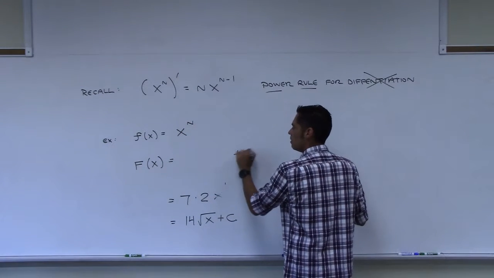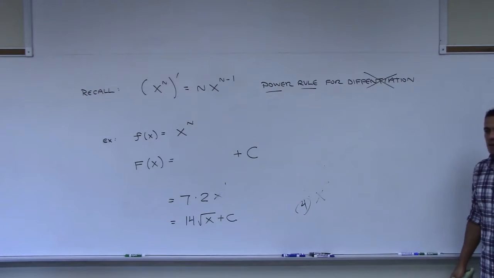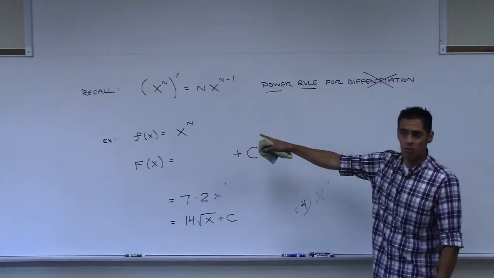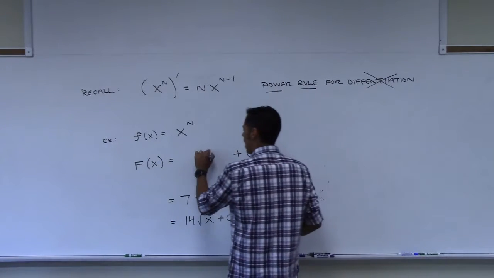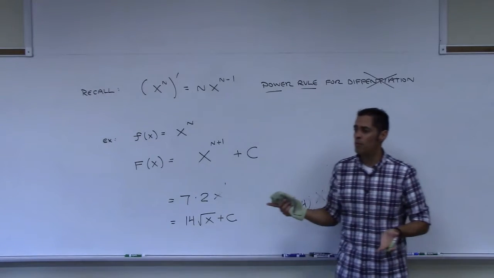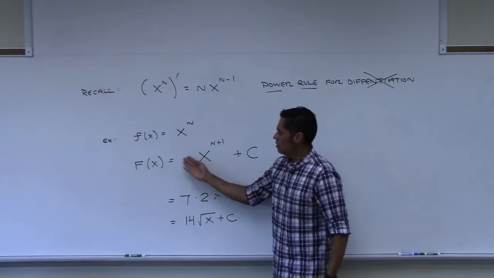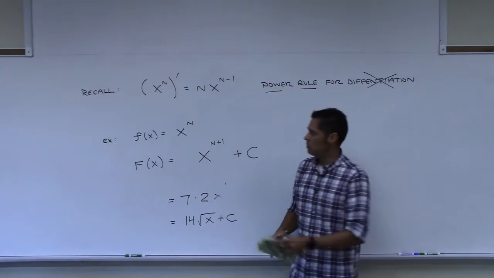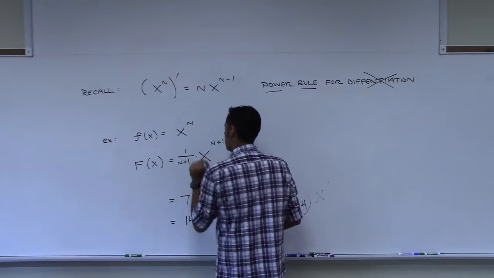Well, that much I know, right? And then x to what power? 1 more than that power, right? So n plus 1. So it's just going to be x raised to whatever that power was plus 1. I don't know what that is, but it's 1 more than what it was, right? And then what do you need out front so that when this comes out, it kills it off? 1 over n plus 1.